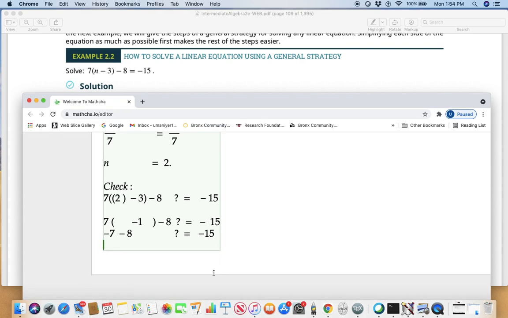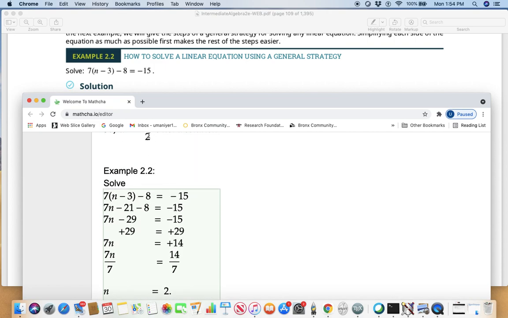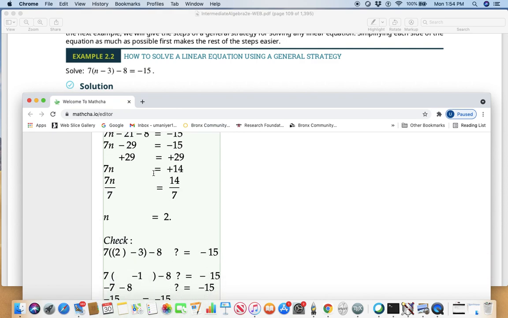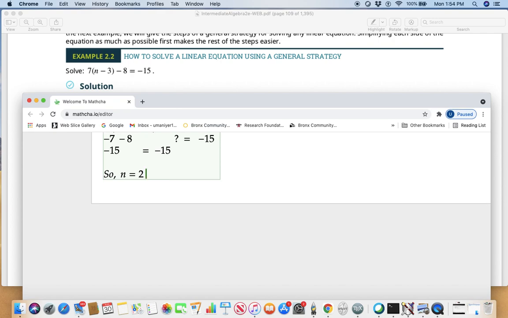Negative 7 minus 8 is negative 15. Aha, they are in fact equal, so n equals 2 is indeed the solution.